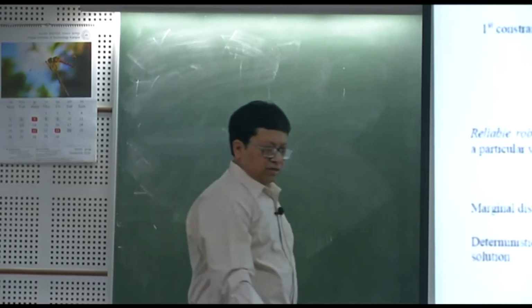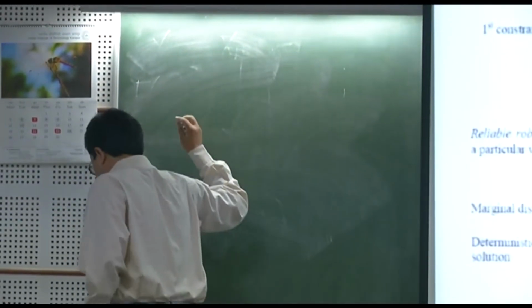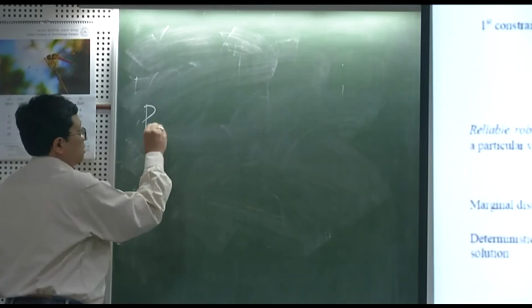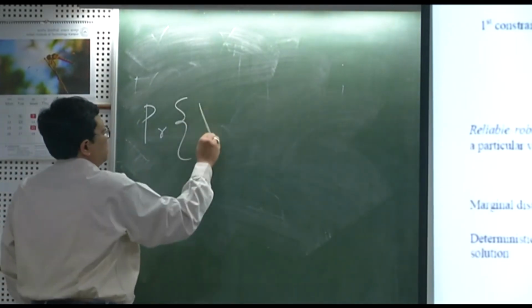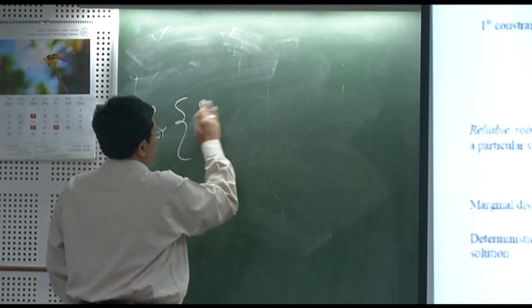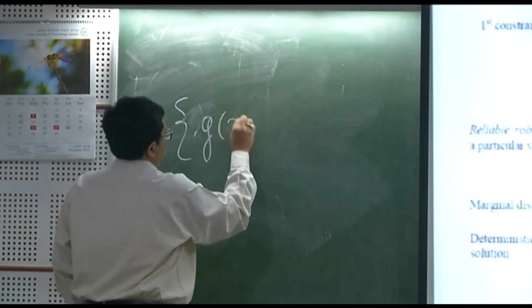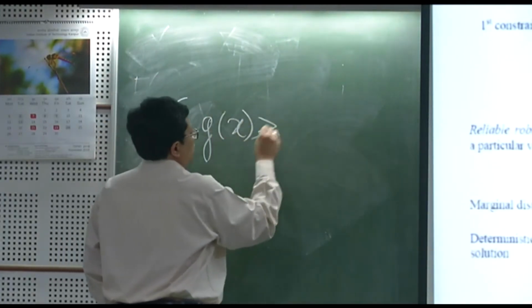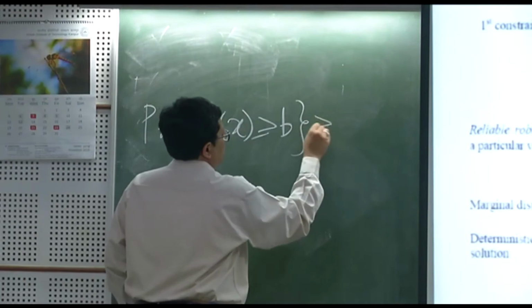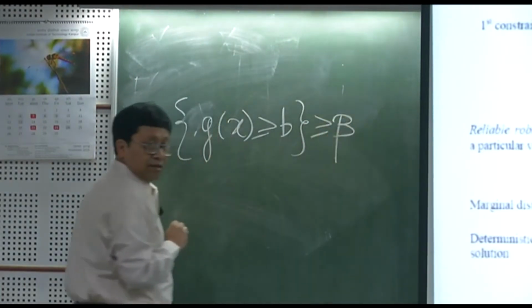So the constraint, considering the univariate problem, is, say for example, g of x is greater than or equal to b, say greater than or equal to beta.